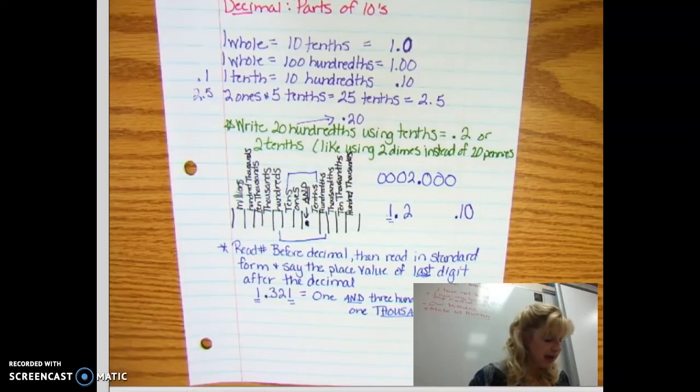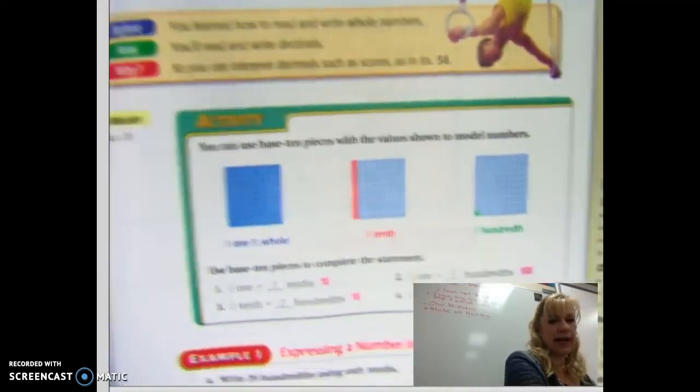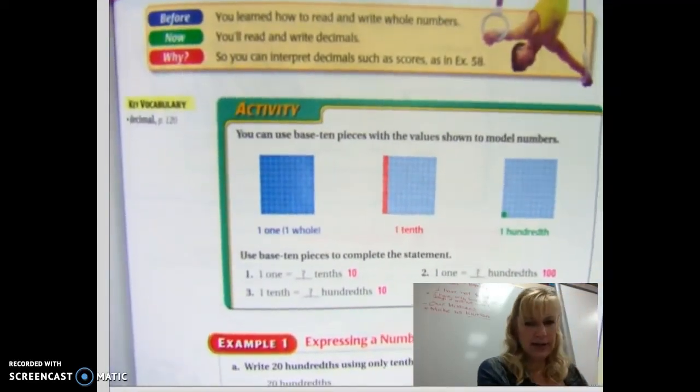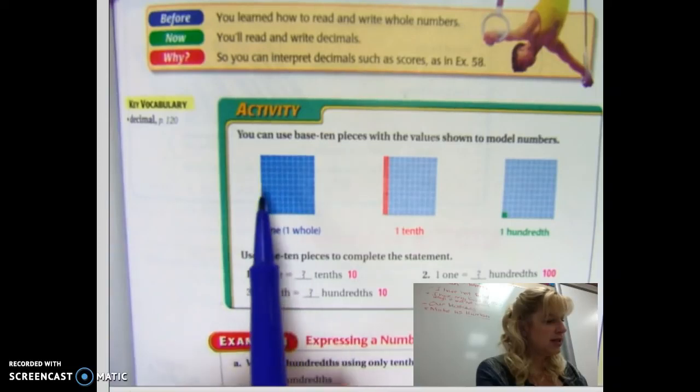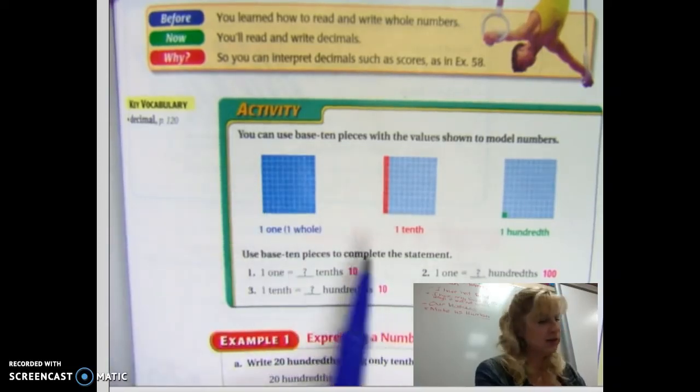Please look back in examples 1 through 3 in your book. And there's some great pictures as well. I just want to flash that up here. If you look at a square that's divided as 1 whole, notice that each strip is 10 little squares.